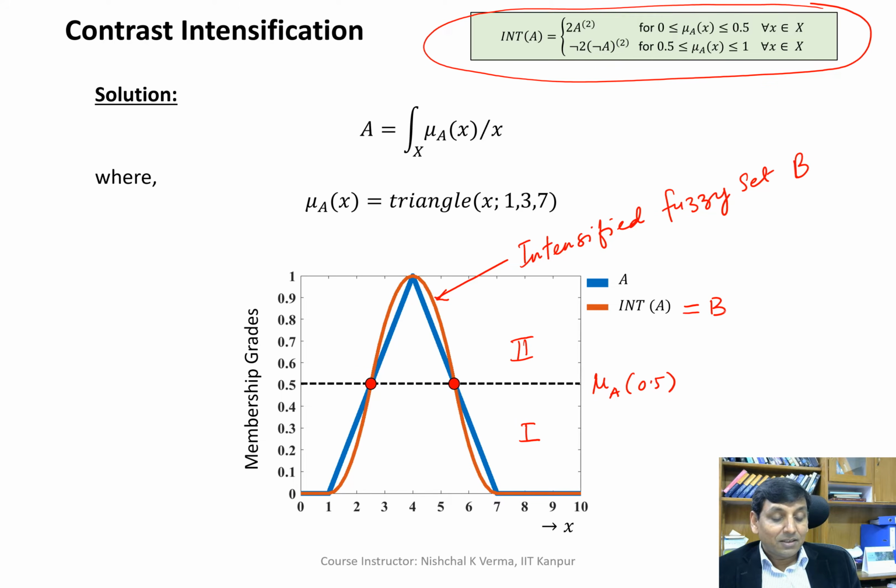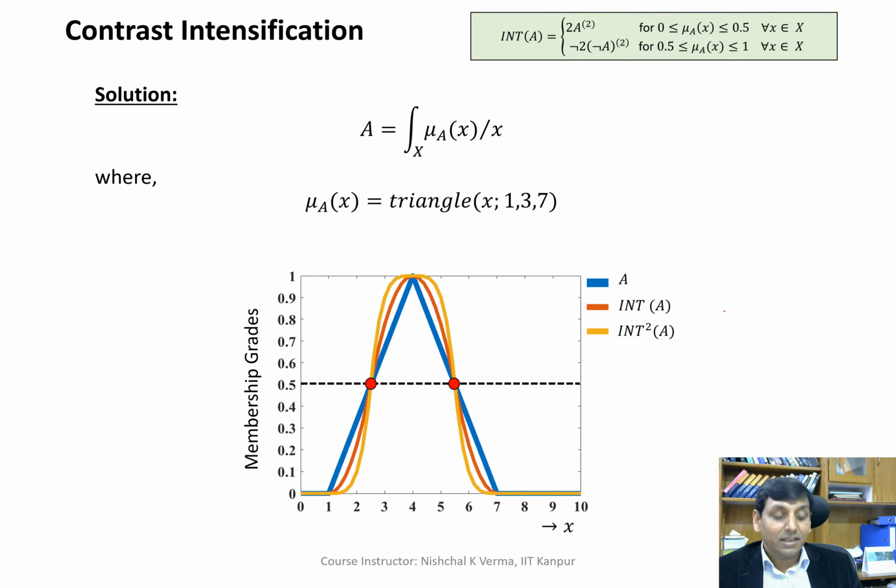When we go for the contrast intensification of fuzzy set B, intensification once again is going to give us a new fuzzy set, which we represent by C, shown in yellow color.